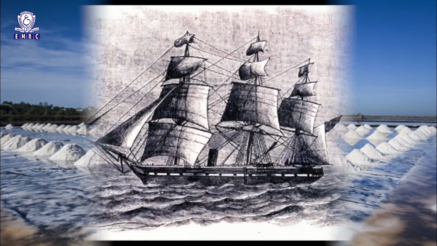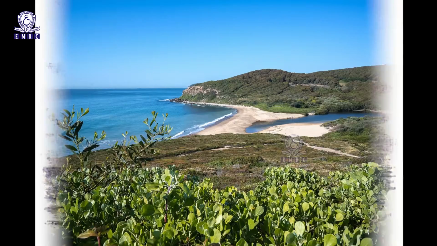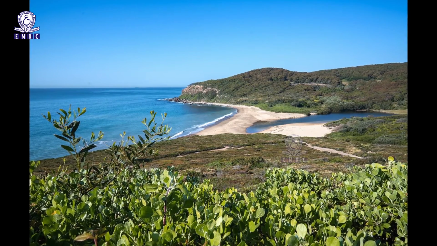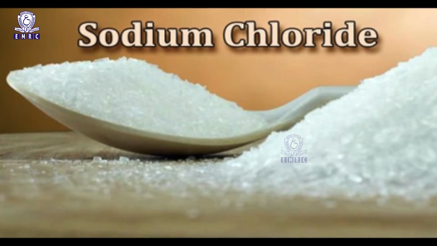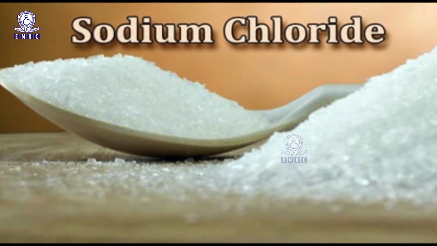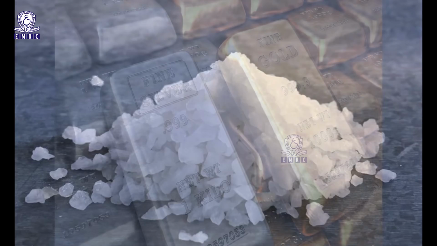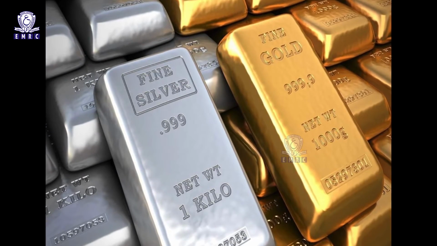Dittmar, during the Challenger expedition in 1884, reported the existence of 47 types of salts in the seawater, out of which 7 are most important. Sodium chloride, or common salt, is by far the most important constituent of the sea salt. Besides salts, silver, gold and radium also occur in minute proportion in the seawater.